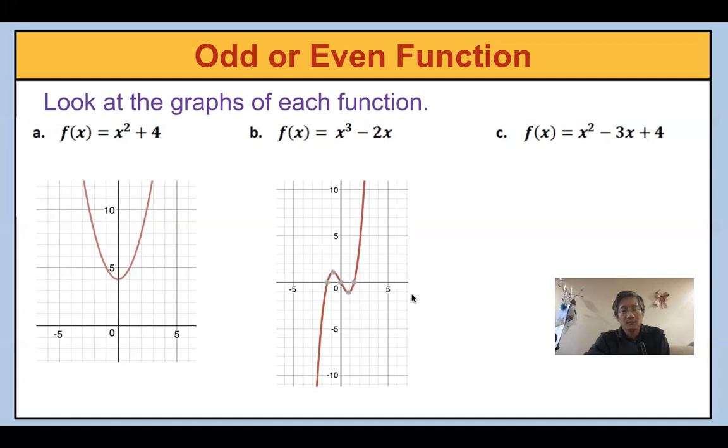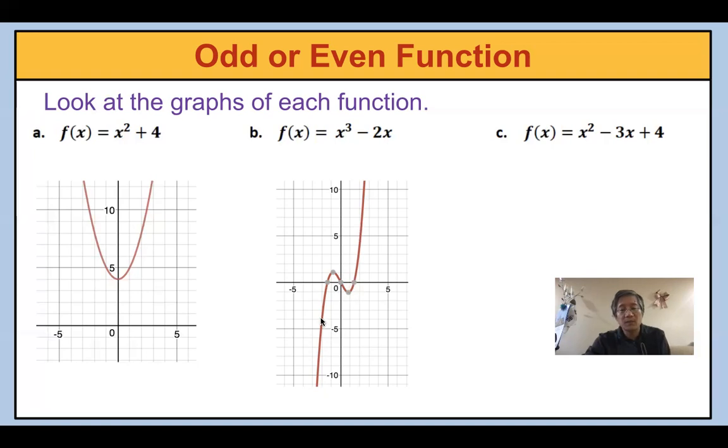Symmetrical about the origin, right? You pick this point, pass through the origin, and you can go up to here. You see a point, right? If you pick a point from here, then go through the origin and go the same distance, you meet a point here too. So you pick anywhere, pass through the origin, and then go the same distance, and you will see another point there.